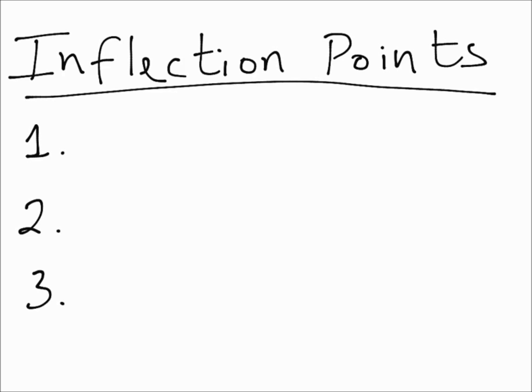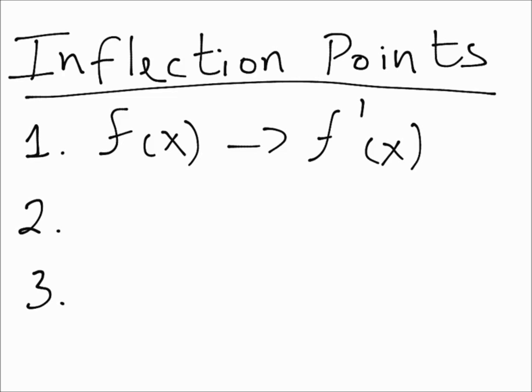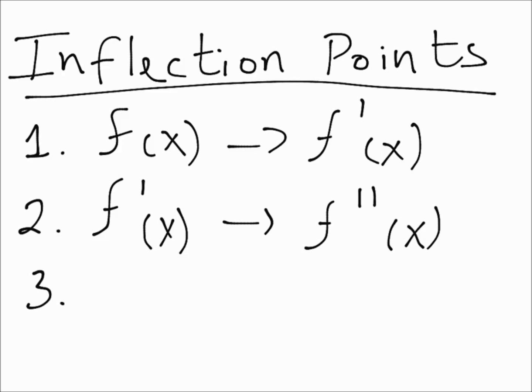The first step to obtain them is to obtain the derivative of the function. So we have our function f(x) and we want the f prime x, but unlike in critical points, in this case you have to find the second derivative, so you have to do another derivative, so it would be f double prime x, and now you make it equal to 0 and solve for x.